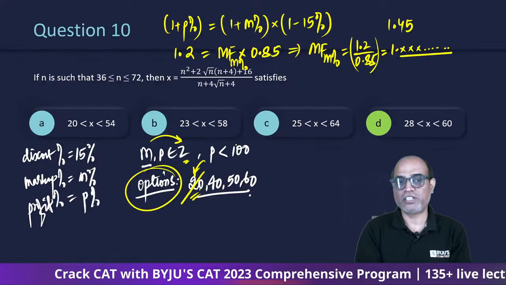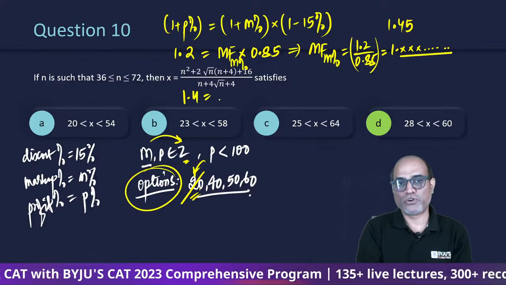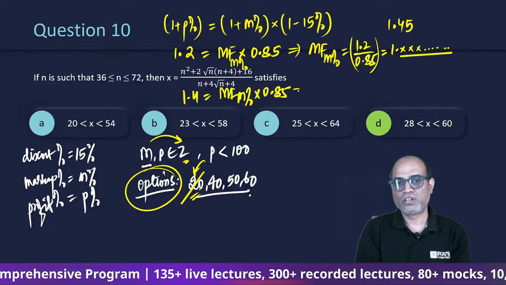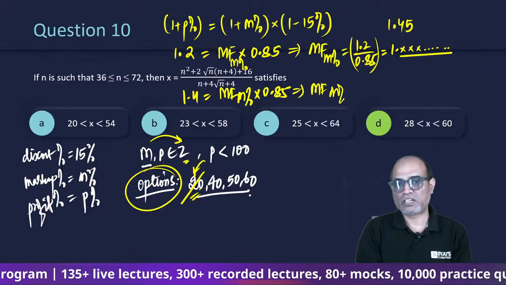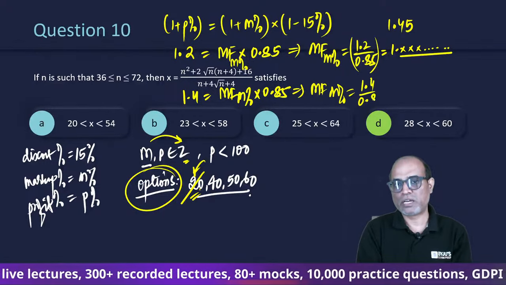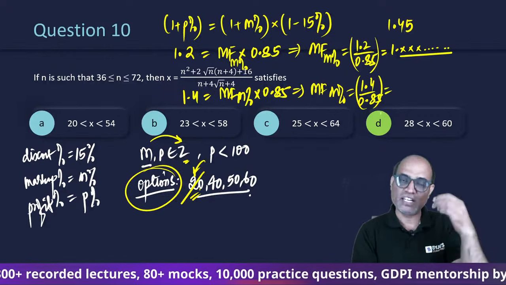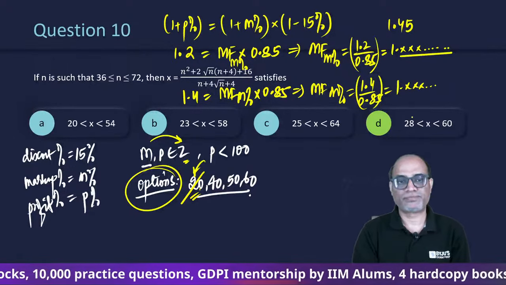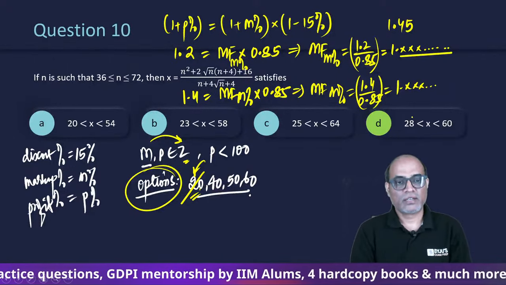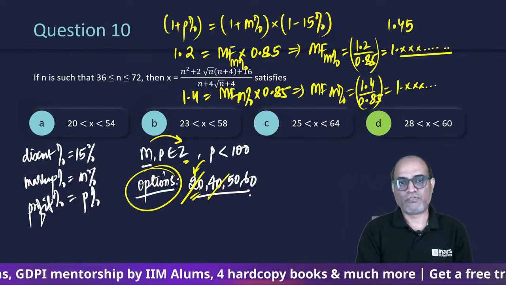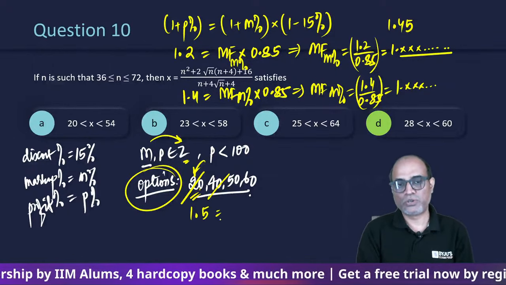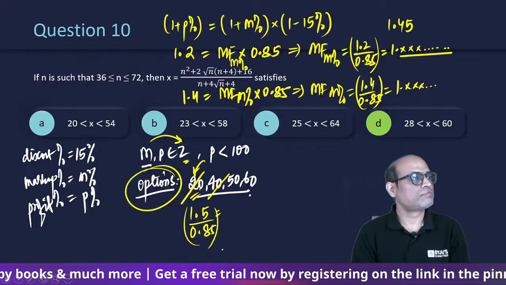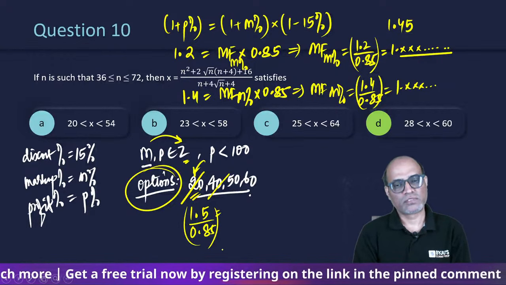Next, if I take 40, I will say 1.4 is equal to the multiplying factor of markup percentage into 0.85. So the multiplying factor of markup is going to be 1.4 divided by 0.85. See, 85 comes in the table of 17, and none of these are in the table of 17, right? 1.5 by 0.85, this also doesn't work.